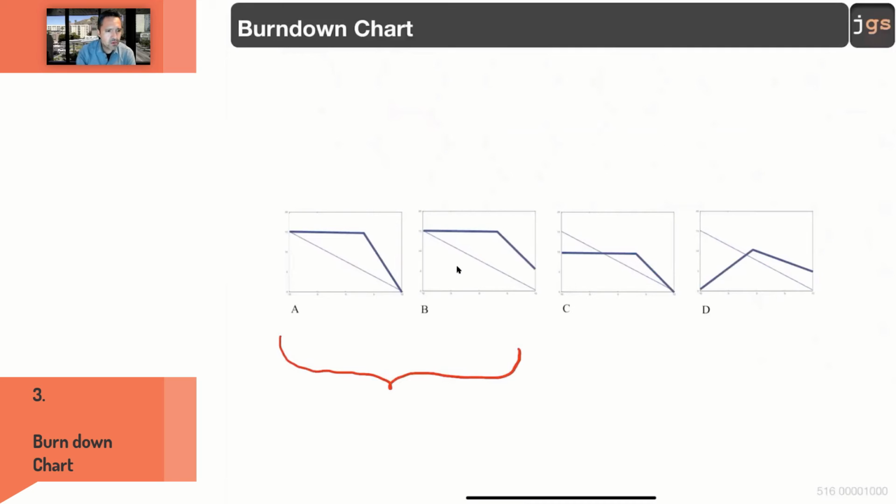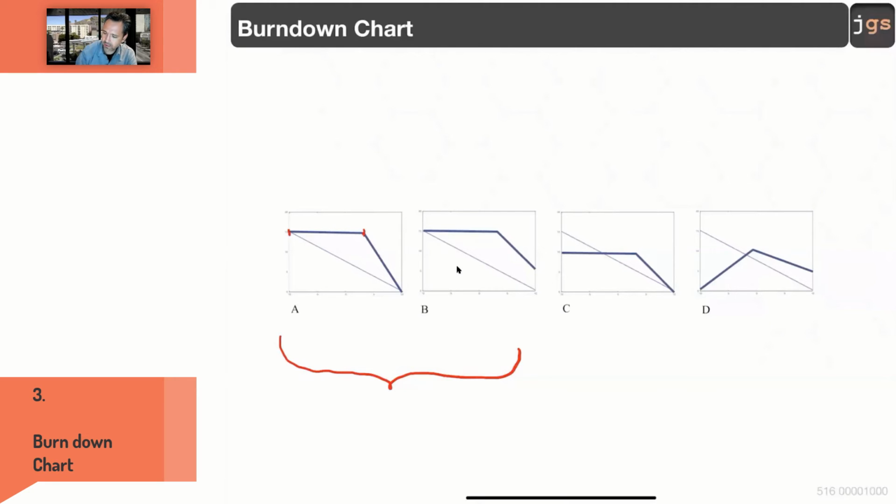Even though I am not sharing the details with you, can you agree with your classmates? A and B look like burn down charts. Being more specific, A is telling me something like, this is the work to be done. Here is the point in which we finish. And this team basically procrastinated for several days.